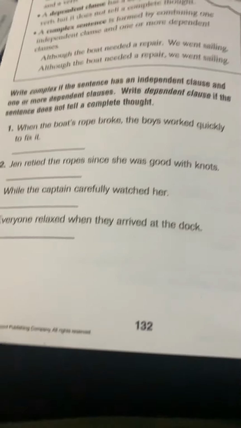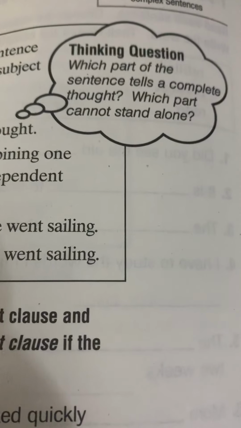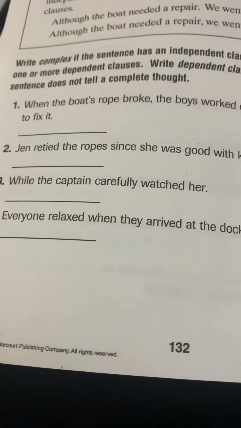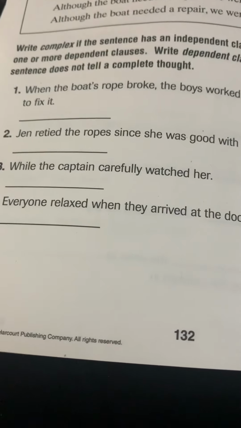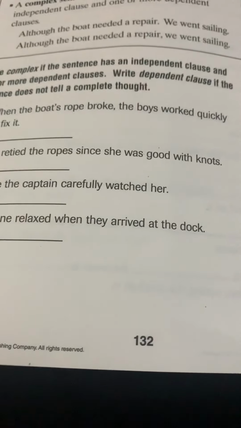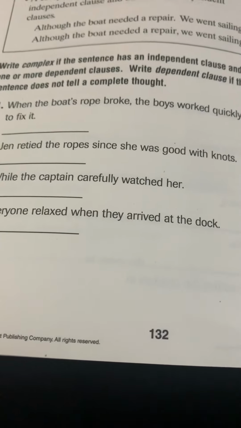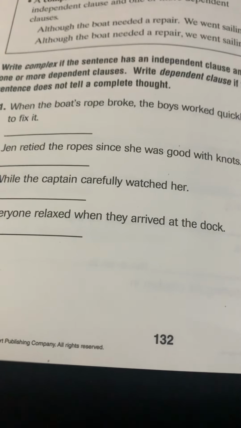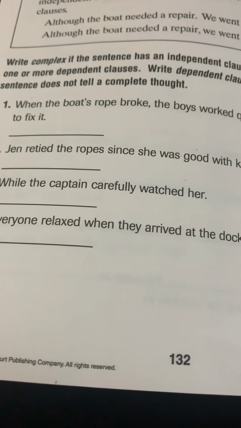Again, boys and girls, you're going to ask yourself the thinking question. Which part of the sentence tells a complete thought and which part cannot stand alone? So where we wrote complex, for number 1, the boys worked quickly to fix it. That would be our complete thought. When the boat's rope broke, that cannot stand alone.